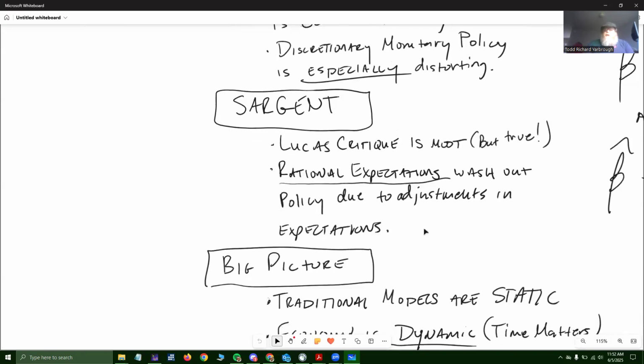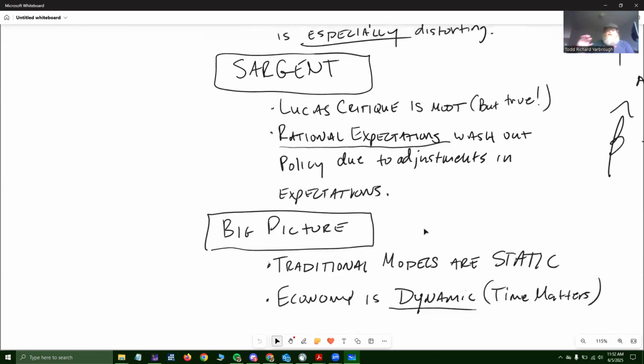So Sargent argued that the Lucas critique is true. Lucas is right about the econometric problems, but according to Sargent's research, it didn't even matter that the estimation of beta was not the important part of the Phillips curve. In many ways, Sargent argued that the Phillips curve is not something we should necessarily put too much stock in.